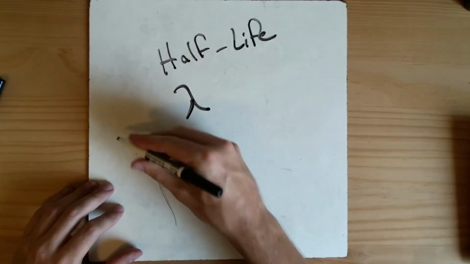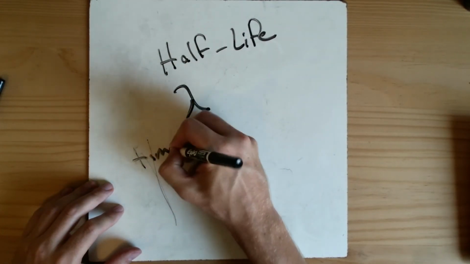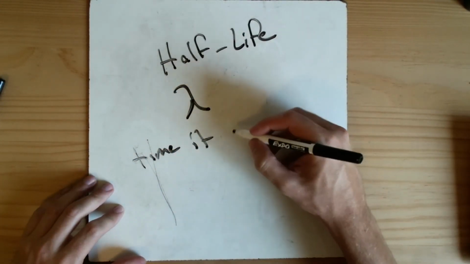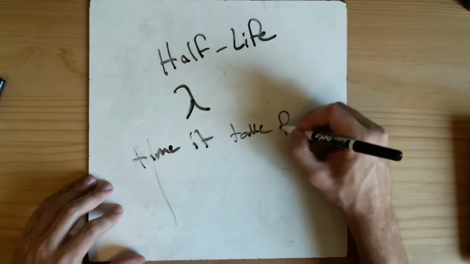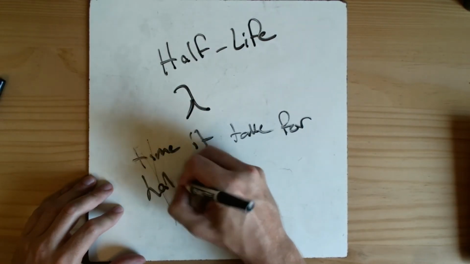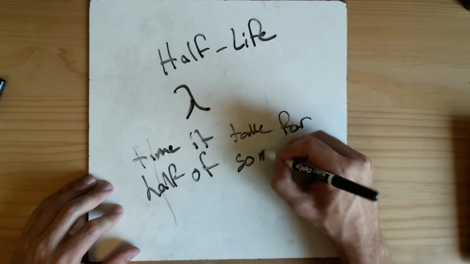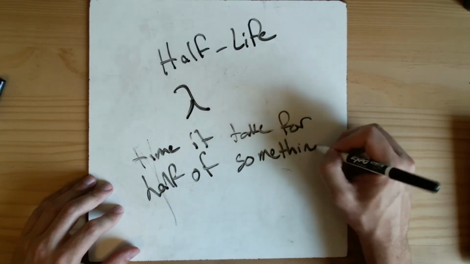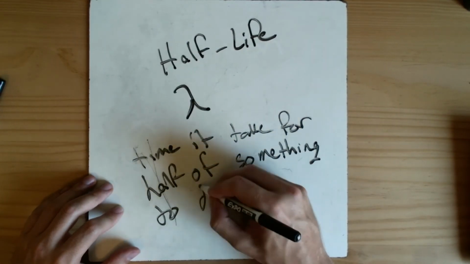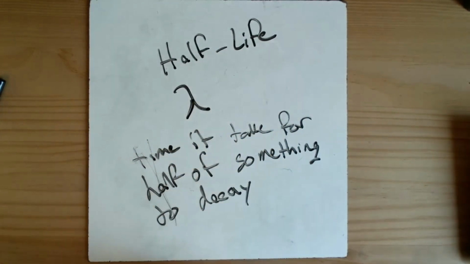Literally, half-life is the amount of time it takes for half of something to go away. In this case, we're talking about half of something radioactive, and it's not just leaving, it's decaying. So it's how long it takes for something to undergo radioactive decay for only half of it to be left.